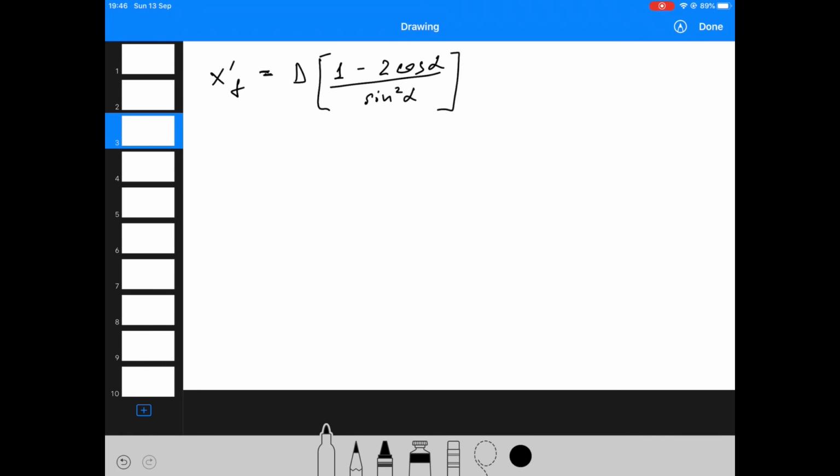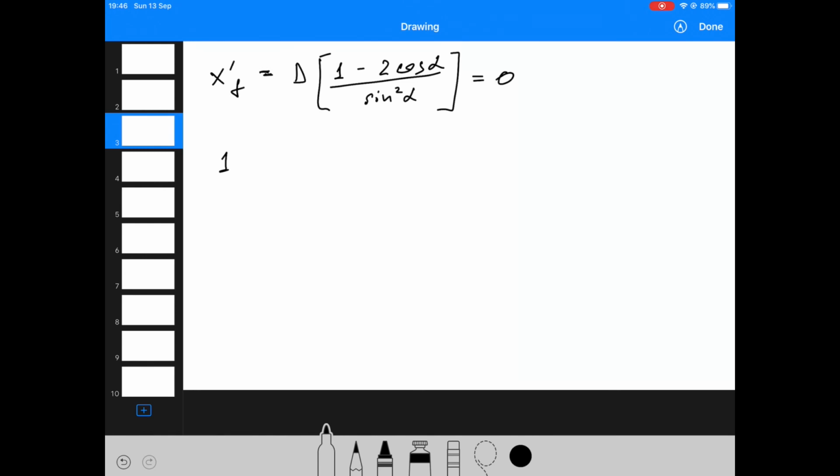Okay, now we got this first derivative, and what do we do in order to define at which alpha we will get minimum xf? We set this derivative to 0. So this derivative will be equal to 0 when the numerator is equal to 0, because D is for sure not equal to 0.